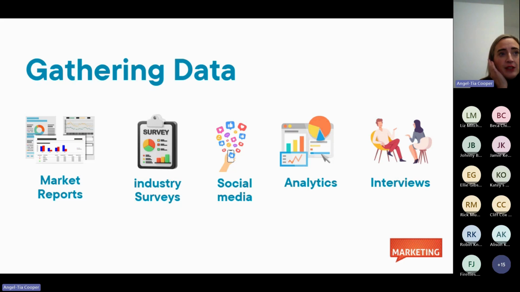Okay, and then you need to think about how you're going to gather this data. So just some examples of things that you can do. Obviously, there are market reports out there that you can literally purchase. And so you can go on and purchase these reports, and they'll give you these kind of insights. So other people that have done industry insight reports. And there'll be lots that you can find online that are free as well.